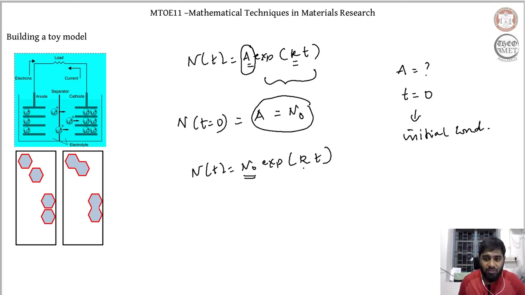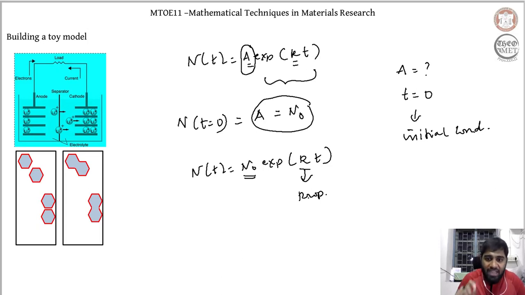Now there is another constant here, and this is my proportionality constant. This proportionality constant relates to the rate at which my lithium ions are getting accommodated. So this is what decides how fast my phone is going to get charged, how fast my lithium ion is going to get accommodated in my electrode.